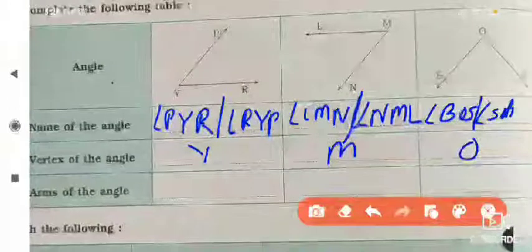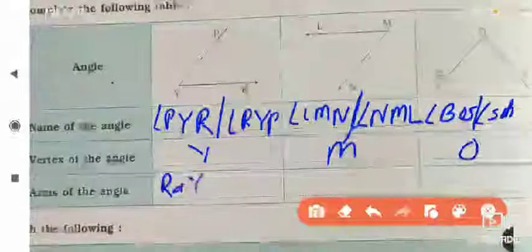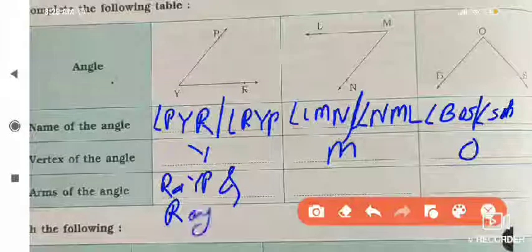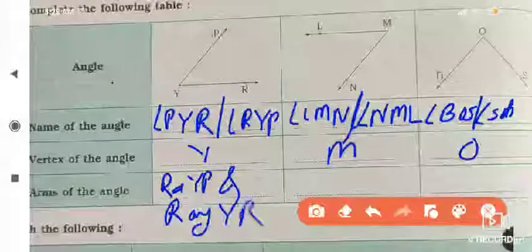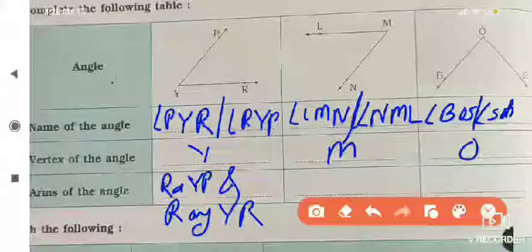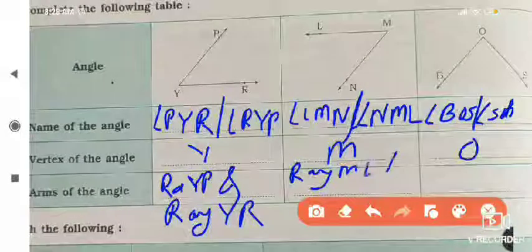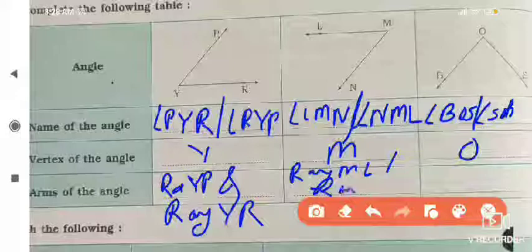Okay. Now the next is the arms of the angle. So which are the arms of the angle? Ray YP and ray YR. These are the arms of this angle. Then for this figure, ray ML or ray MN.